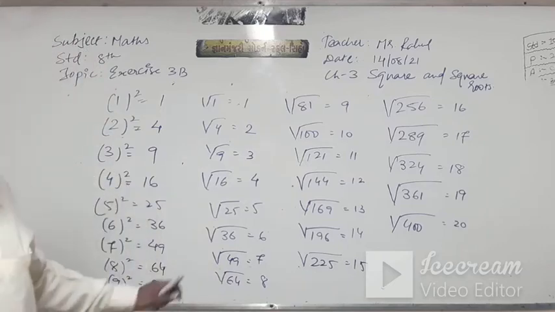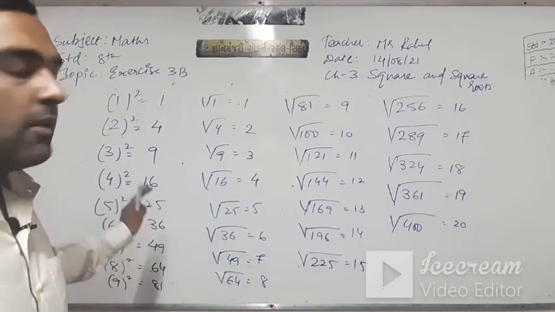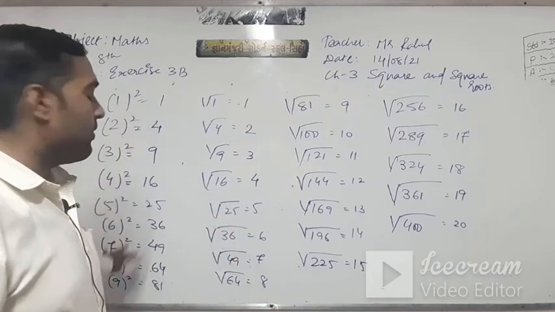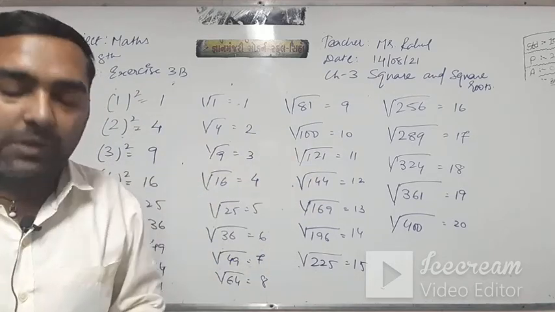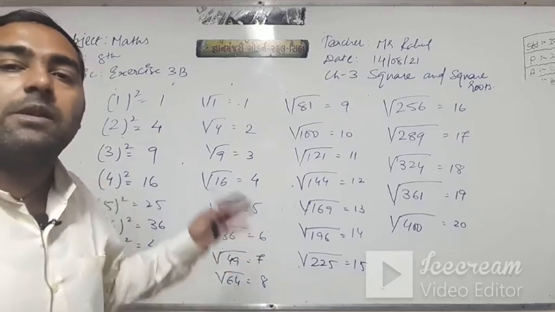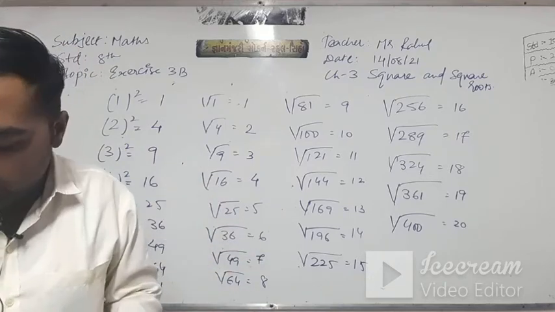Square root performs the inverse of the square. When we follow the square, the square root follows the same way, but it performs the inverse of the square, right?